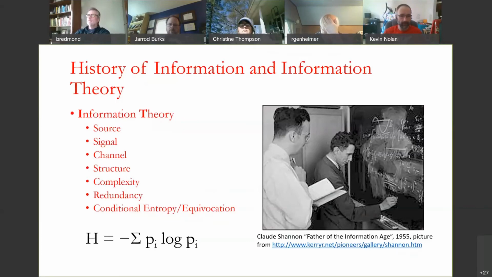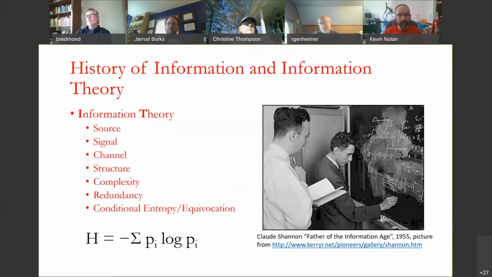If you send it without any redundancy in the message, then you're going to lose the message. And estimates of written English put the redundancy in the message anywhere from 50 to 75%, depending on how big of a reference frame you're considering. So in fact, most of the words that I'm using right now, you actually don't need to understand me, assuming you can understand what I'm saying anyway.